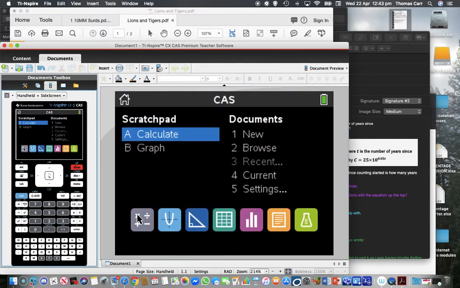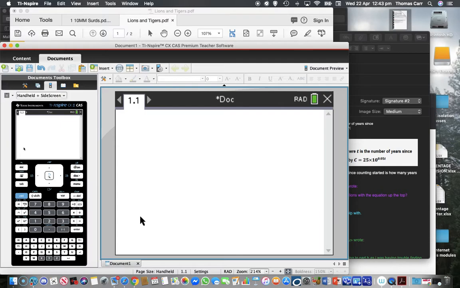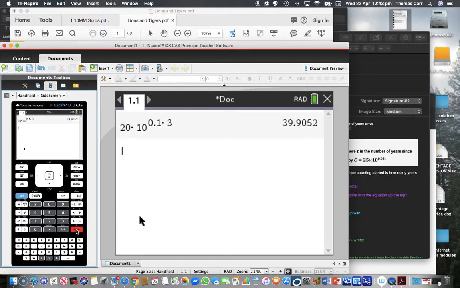I open up a calculator page, and in my calculator page I type in 20, I hit my times 10 to the power of 0.1 times, and the t-value that I wanted. The t-value I wanted, I talked about before, was after 3 years, so I put times 3. To get my answer, bingo.